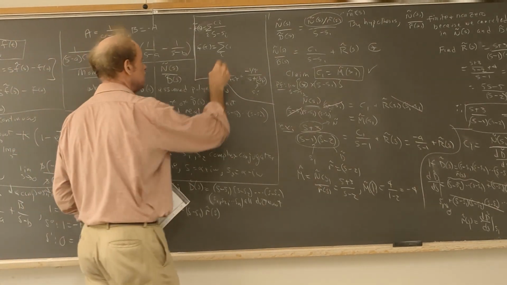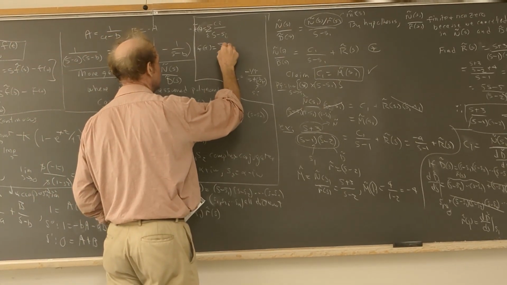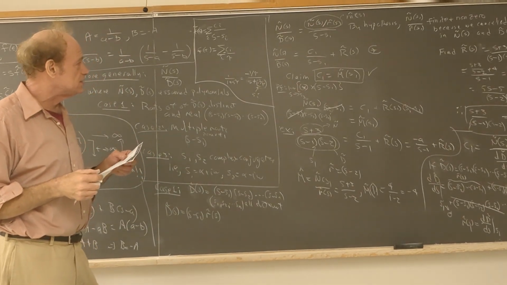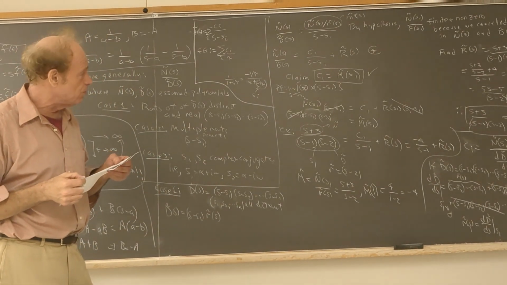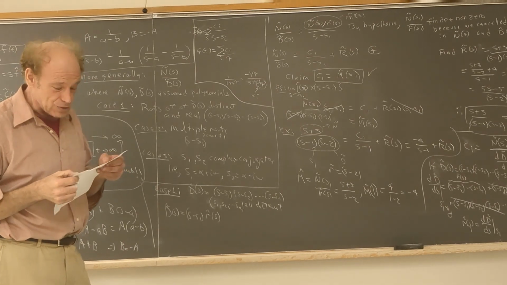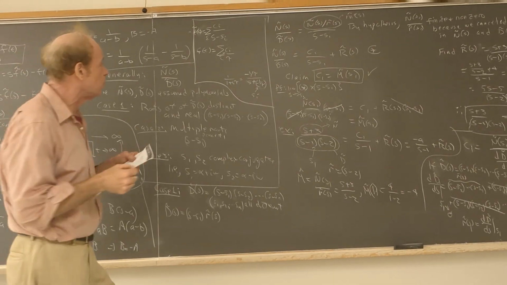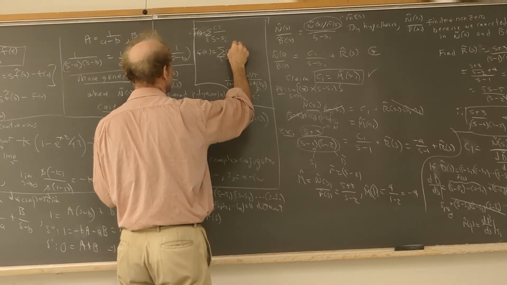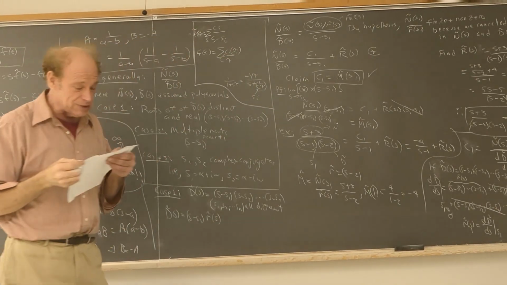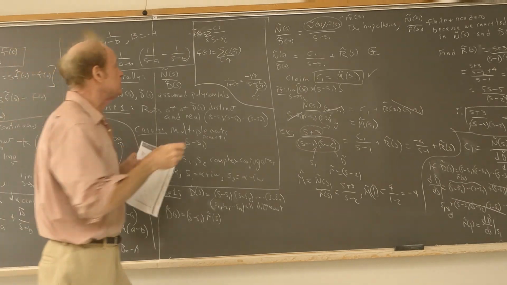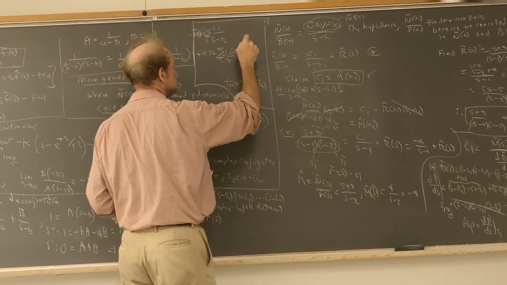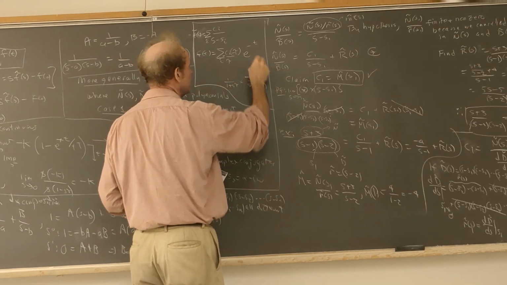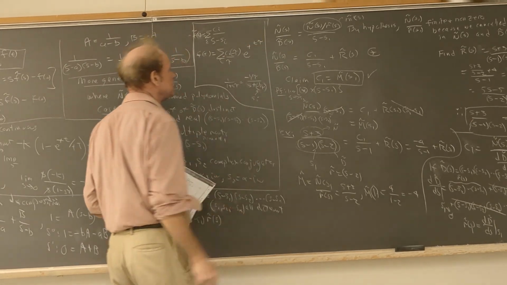So what does this tell me? This says I have a 1 over tau, the minus, and 1 over 1 plus s tau. So what's the inverse here? The inverse is 1 over tau, again a minus tau, times e to the minus t over tau.